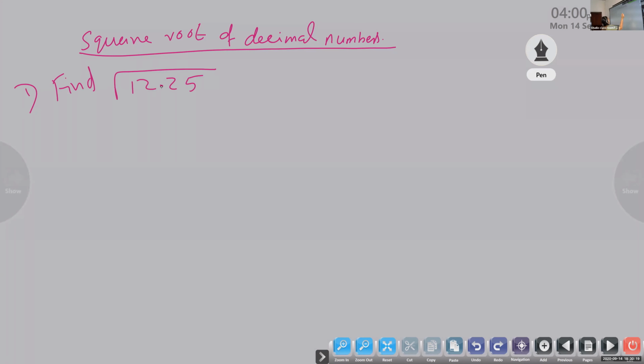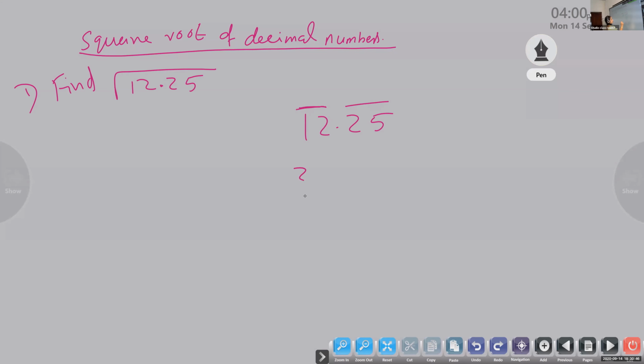For finding the square root of decimal numbers, usually we put bars from the integral part, from right to left. But for the decimal part, we put bars from left to right.